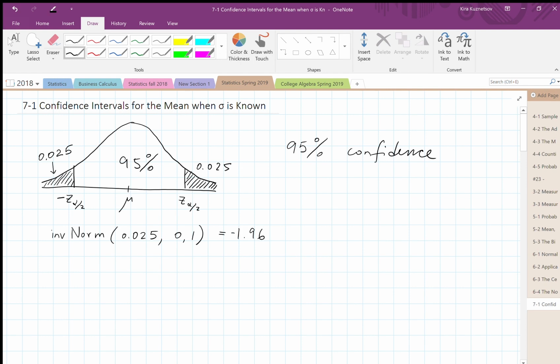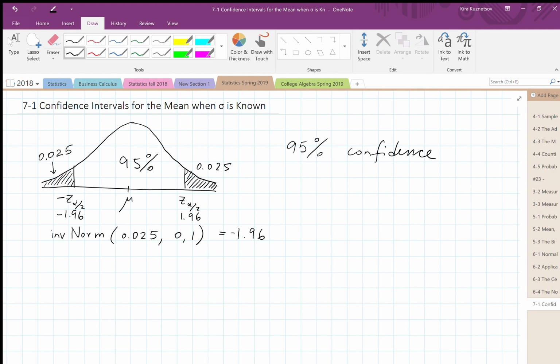Now this one's going to come out to be negative, so with a 95% confidence interval, the leftmost z is negative 1.96. If I use symmetry on the other side, this is going to be positive 1.96. So looking up the z-scores we're interested in is something you can easily do with a calculator or with a list of the z-values that are most useful for this book. So that's not the problem.